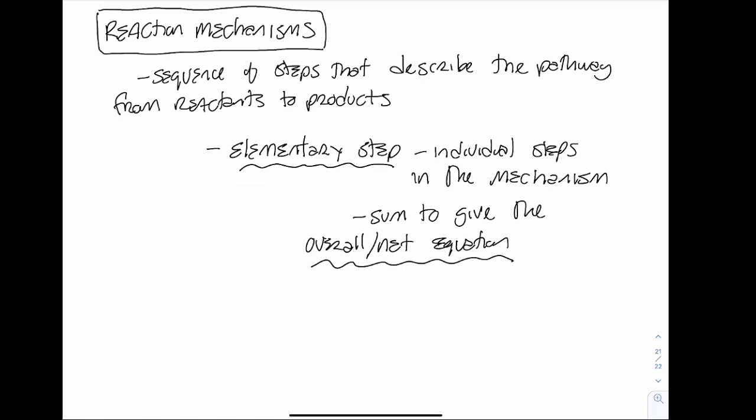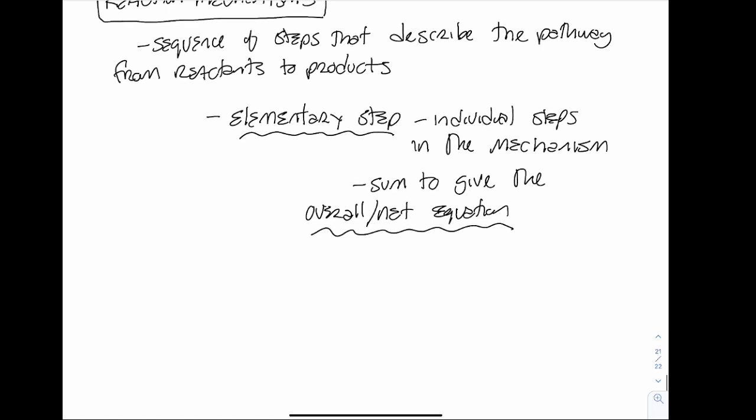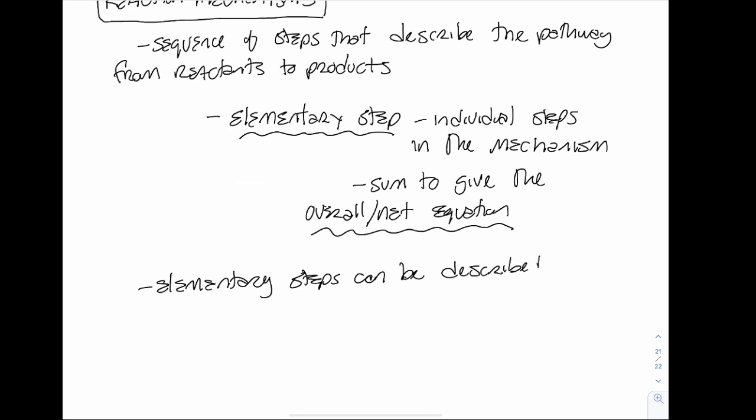Elementary steps are generally described in terms of their molecularity. So what that really tells us is how many reactant molecules are involved in that elementary step. So elementary steps can be described in terms of their molecularity, kind of a weird word.